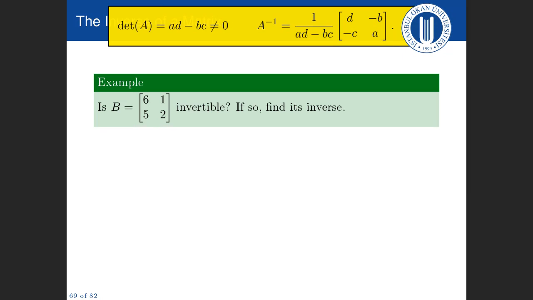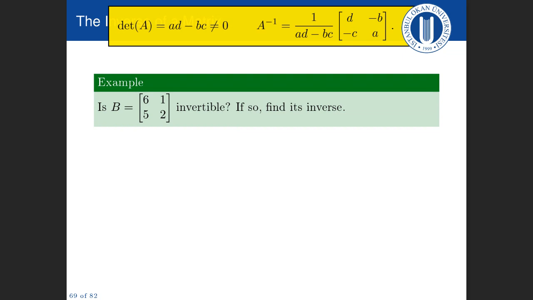So, for example, is the matrix 6, 1, 5, 2 invertible? And if the answer is yes, find its inverse. The formulae are at the top.